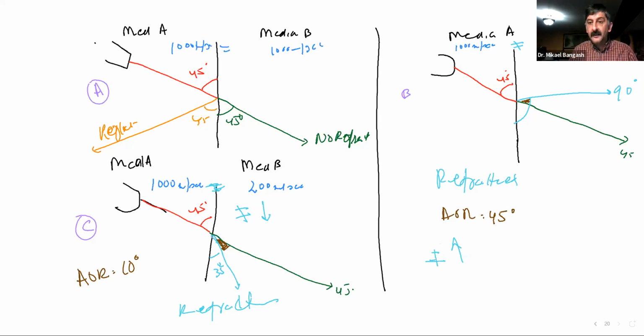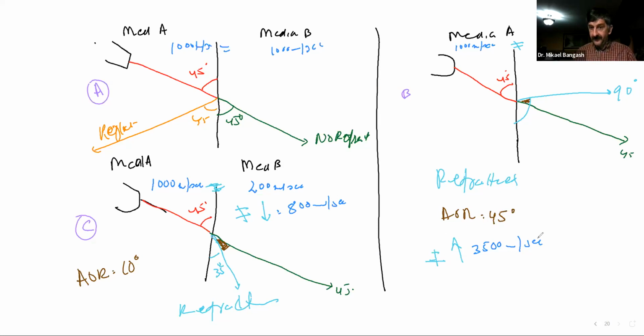Here the difference of the speed was 3,500 meters per second, whereas here we only had a difference of speed of 800 meters per second. Clear?